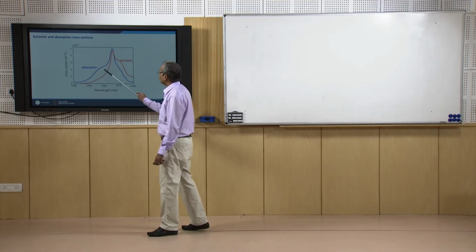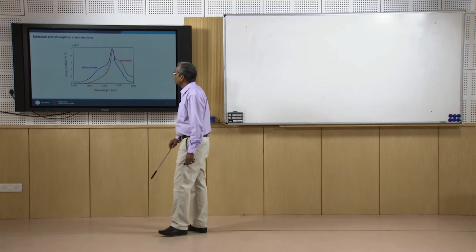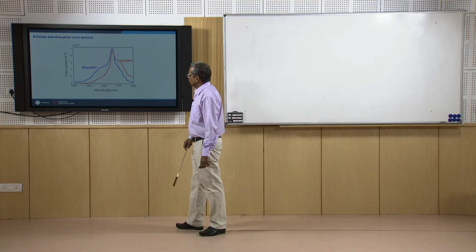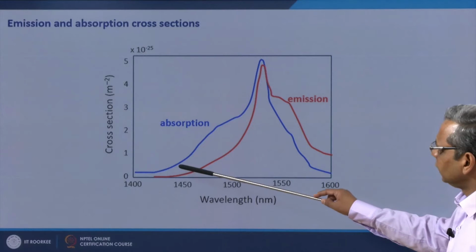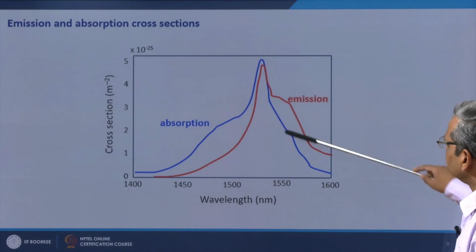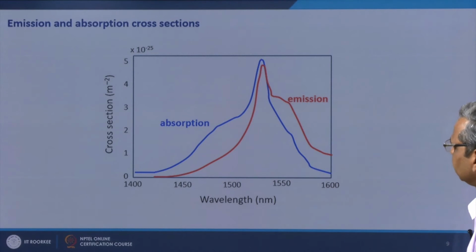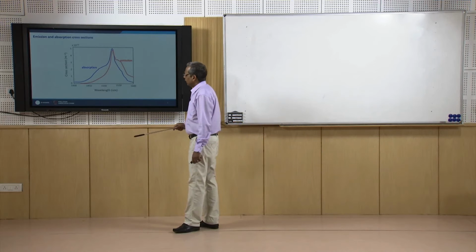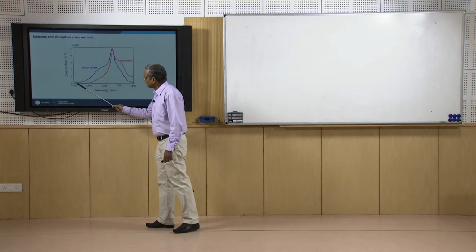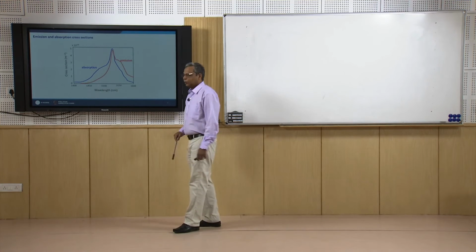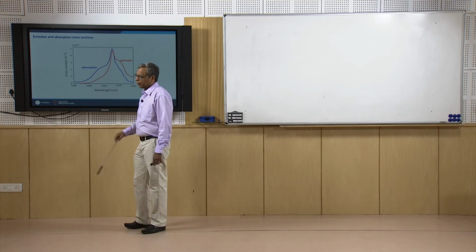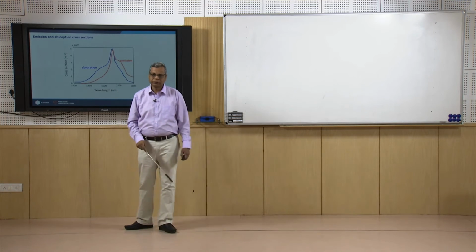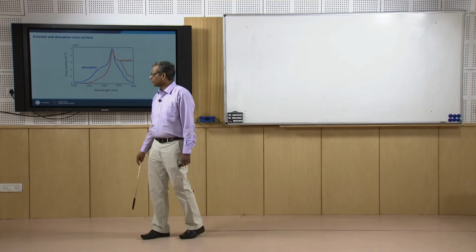These are absorption and emission cross sections with respect to wavelength. So, we can see the absorption cross section is like this and emission cross section is like this in the wavelength band near 1500 nanometer wavelength. Apart from this, there is absorption at 980 nanometer wavelength, which is very strong absorption.